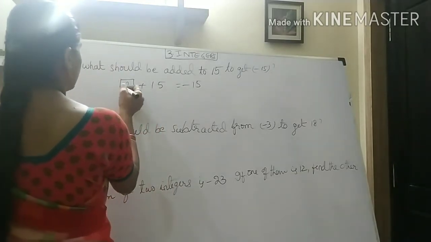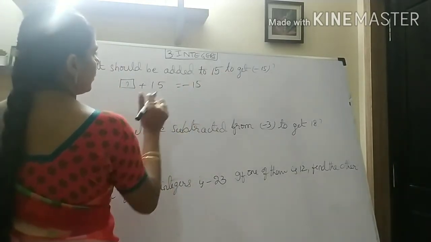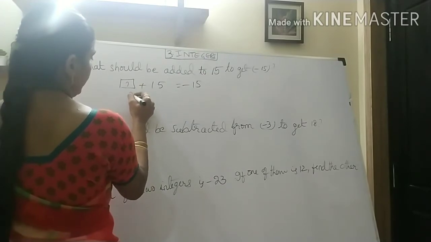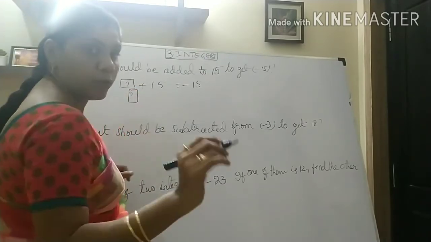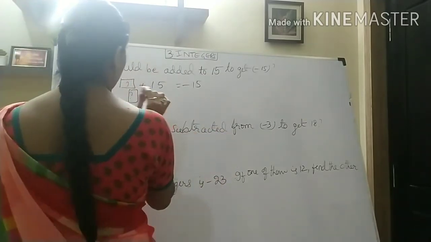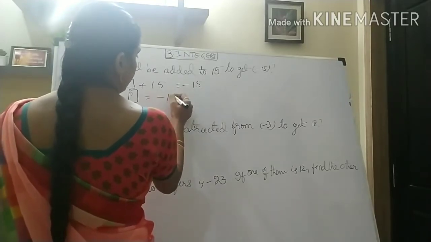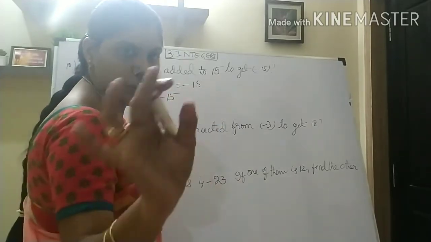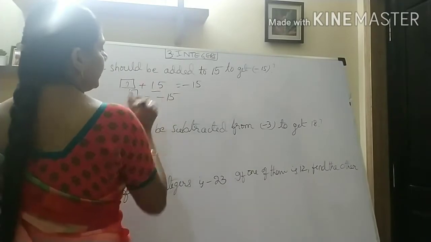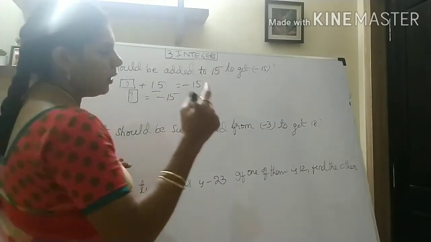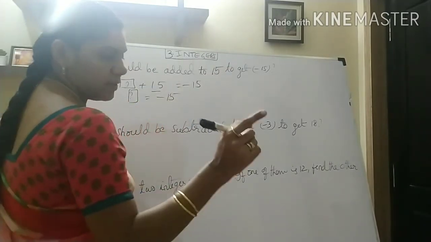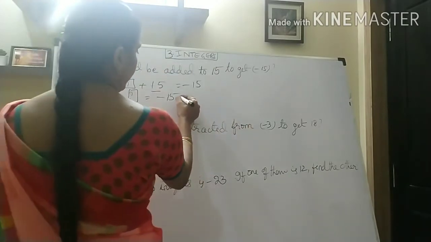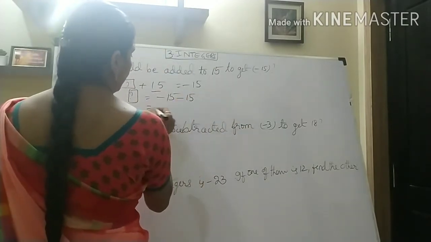See, we don't know this number, but we know one number. So this question mark I am putting here as it is, and minus 15 also as it is. Now what I am doing is I am sending this plus 15 to the other side of this equation. What happens? This will become minus. So minus 15, how much here?